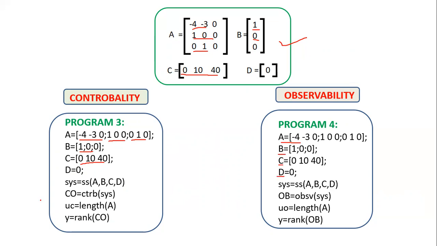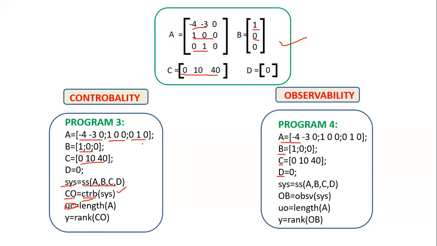And then all this in the state space. Some variable, any variable you can take. SYS is equal to state space of ABCD. Now for that state space, we need to find the controllable matrix. So this is the controllable matrix, CTRB of this system, which we assume as CO. And now we take one more variable, any variable you can take, no need to take UC only.